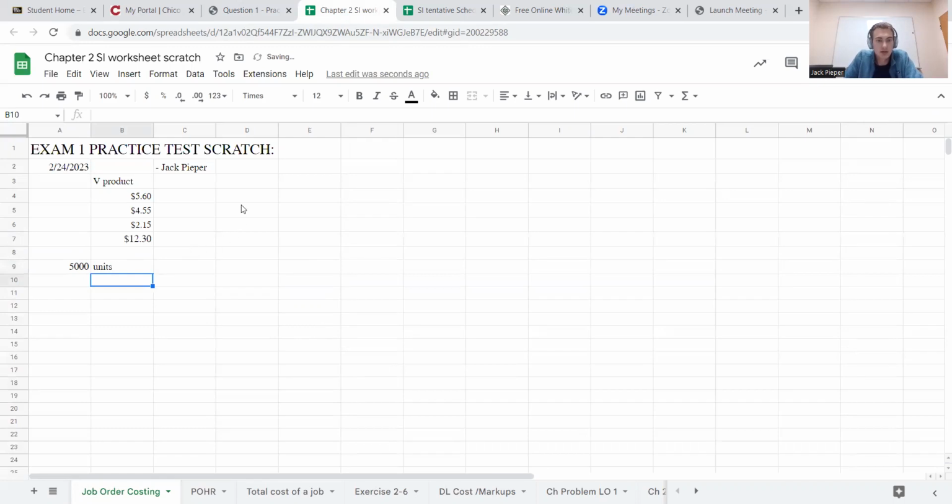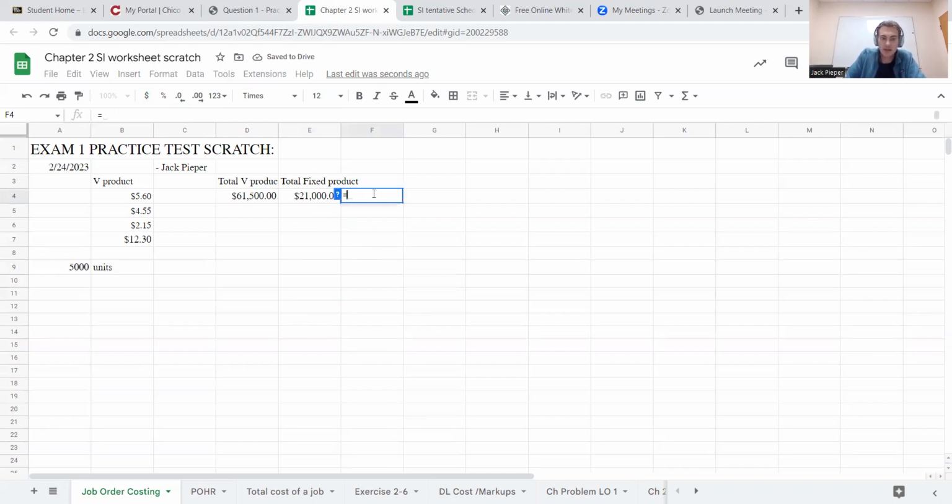Okay, so total variable product would be the 12.30 times the 5,000 units, and then total fixed product would be the 21,000. And then your answer for the total product cost would just be the sum of these two.